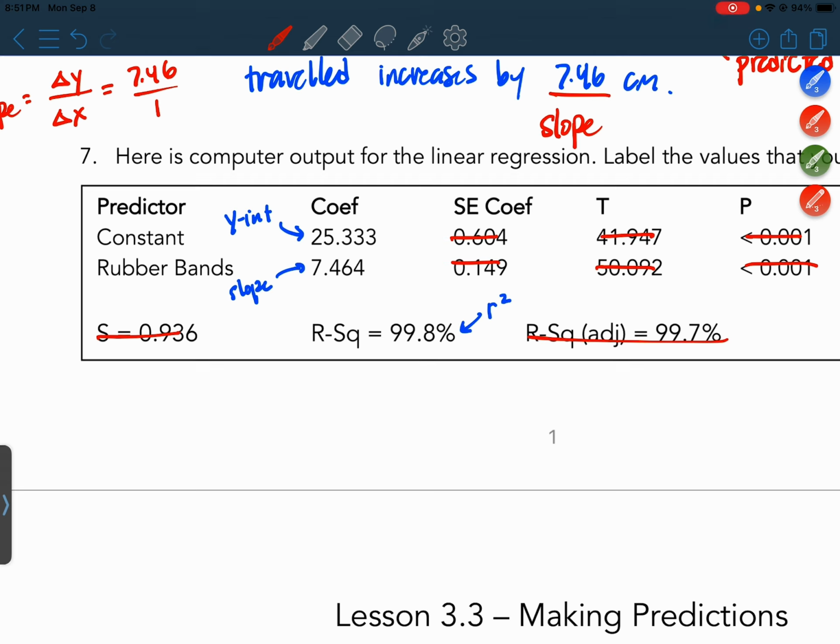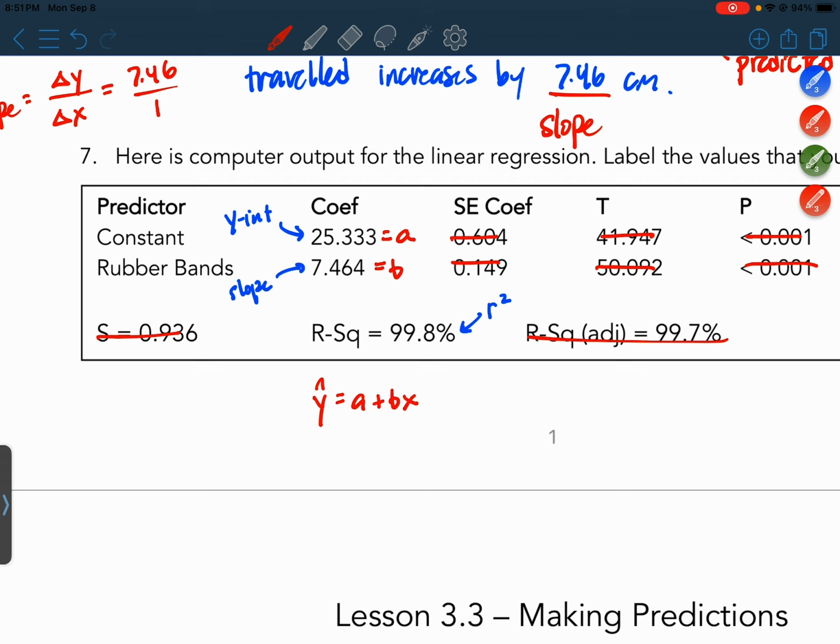So let's give each of these numbers some notational value. The constant, we're going to call that the a value. The slope, we're going to call that the b value. And then combined, that would give us the equation: predicted y equals a plus bx.